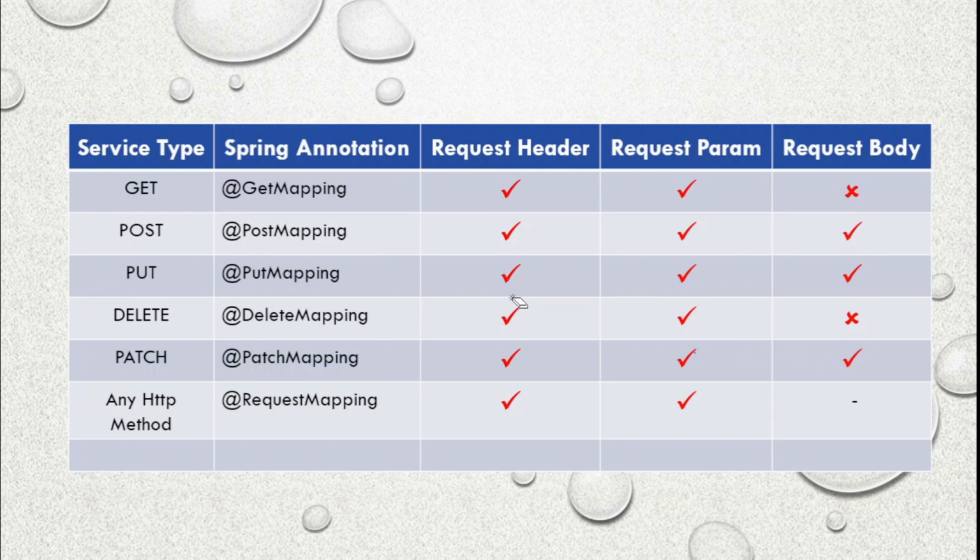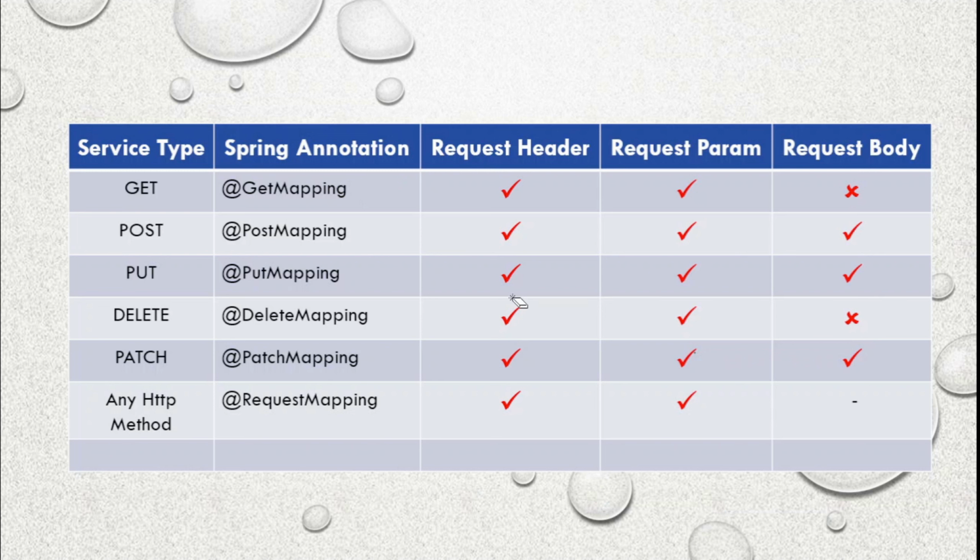Okay, let me open Eclipse to implement those services one by one. This is our old project we created in our previous video. If you want to see the steps to create a Spring Boot application, please check the ping button.